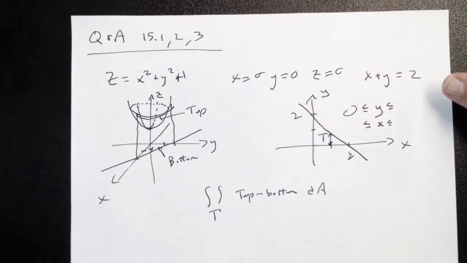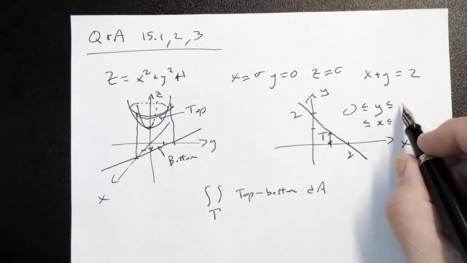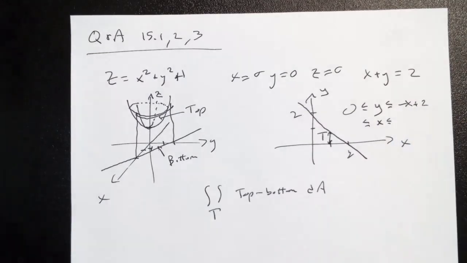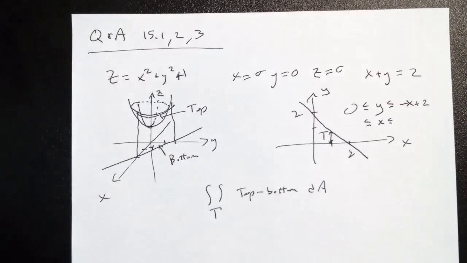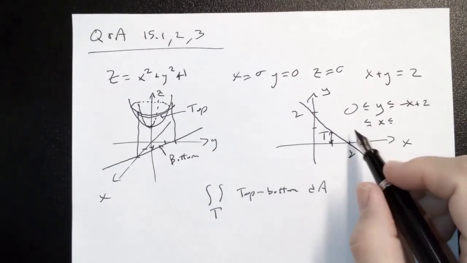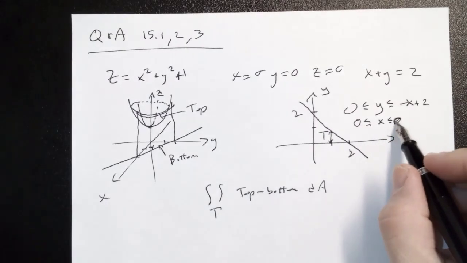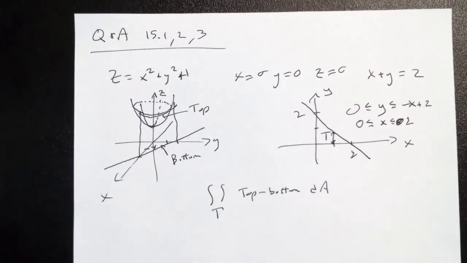It's the equation for our line rewritten. And then your x bounds. And that means that you're going to do this dy dx.